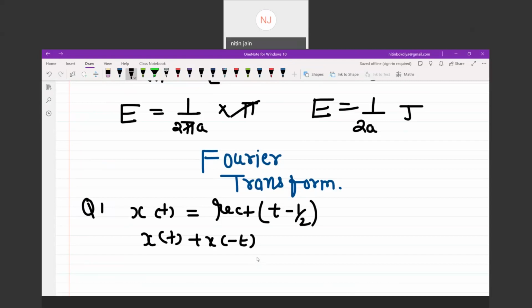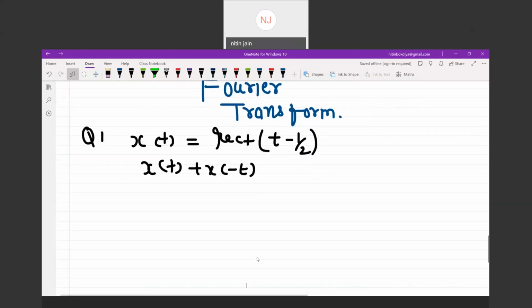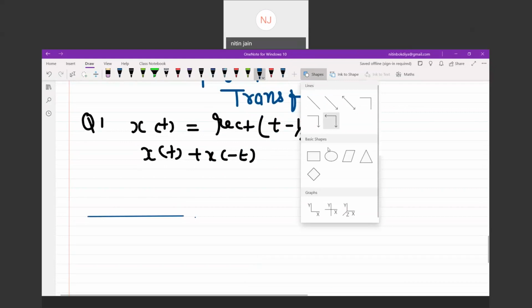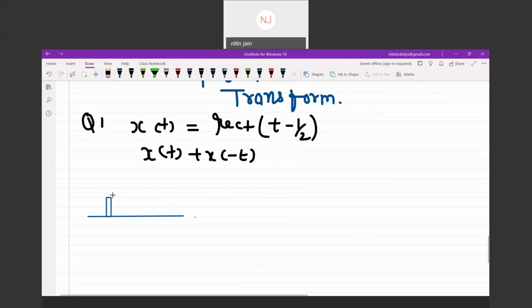How will we approach this question? Let's see how x(t) looks like. Rect of t extends from minus 1 by 2 to 1 by 2.